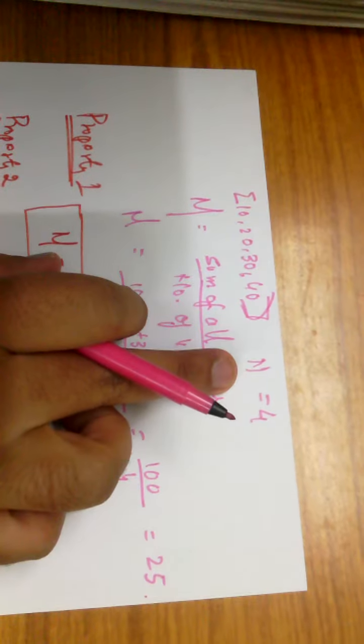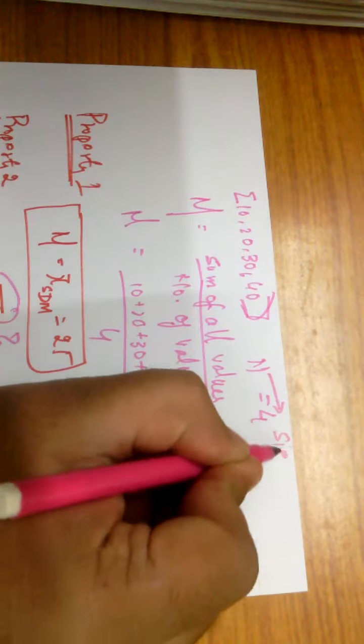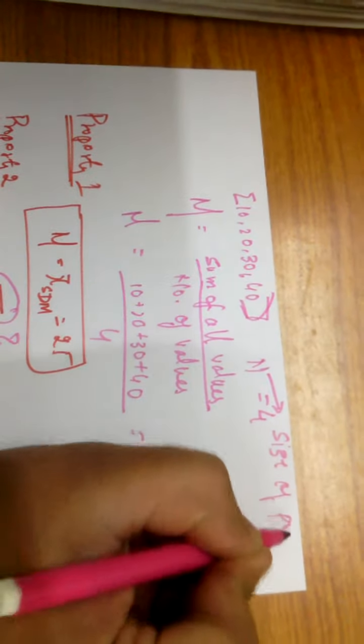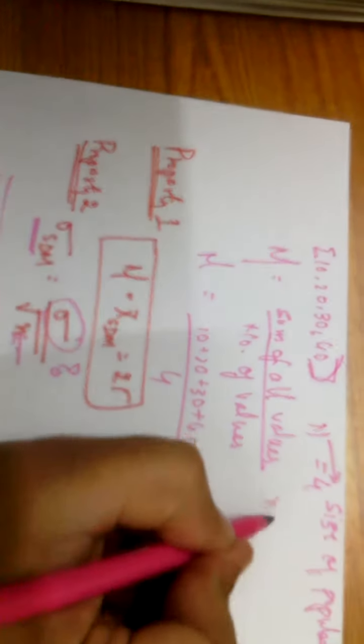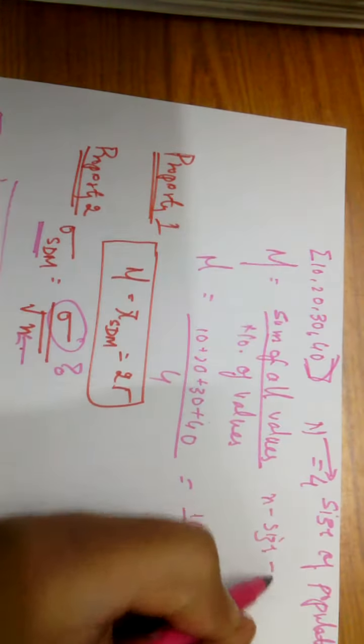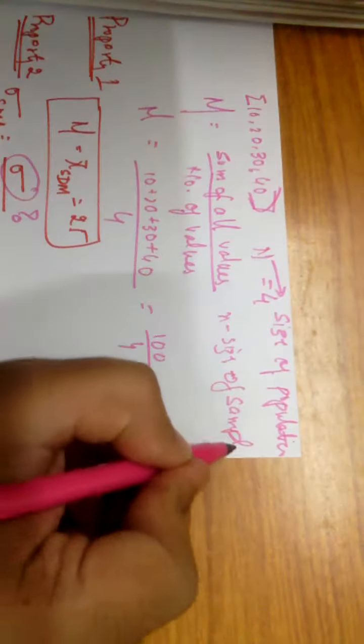Capital N represents the size of the population, and small n represents the size of the sample.